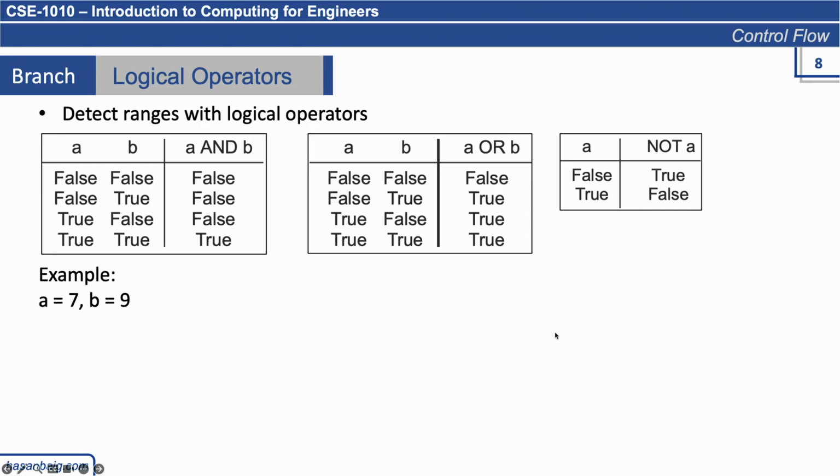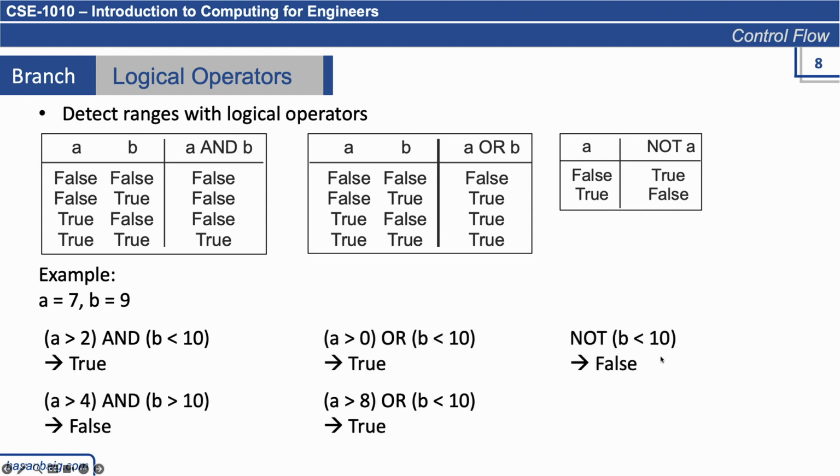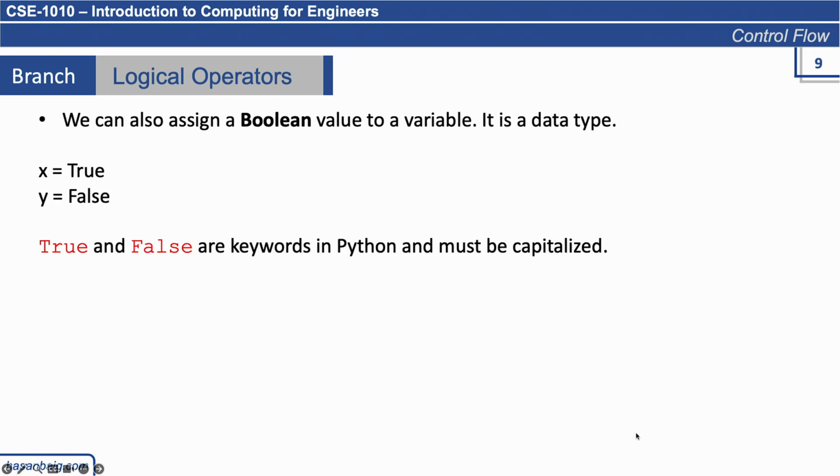Sorry, yes, it's right. A is greater than 9 is false, and executing the not false statement would return true. We can also assign Boolean values to a variable, the same as the example I gave on the whiteboard, like x equals true, y equals false, and those become Boolean values.